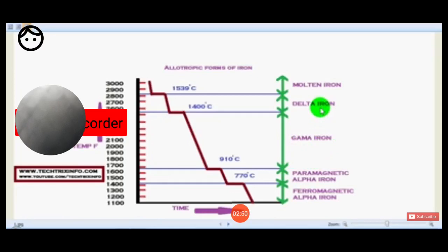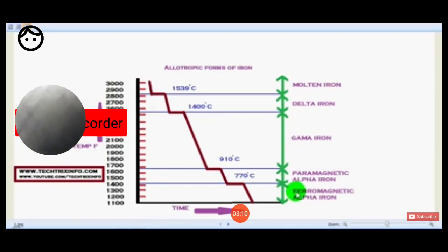The alpha iron is of two types. It occurs from normal temperature to 910 degrees Celsius and has body-centered cubic lattice crystals. Let's see the two different forms of alpha iron.